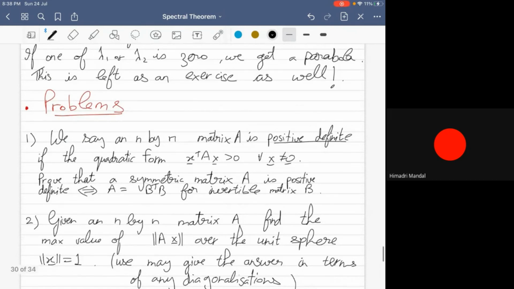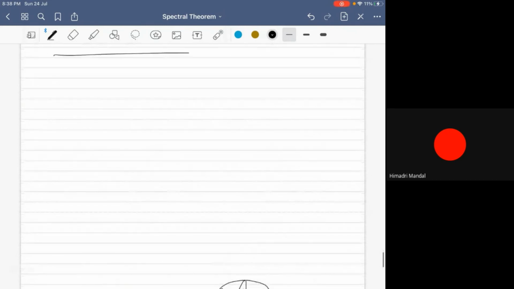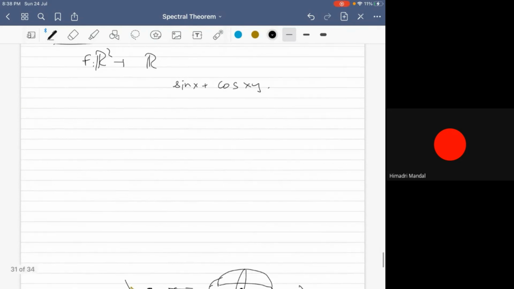So let's say you have a function in x, y from R squared to R, something like sine x plus cos xy, something like this. And suppose you want to find, let's say, a local minima of this function, or a global minima.